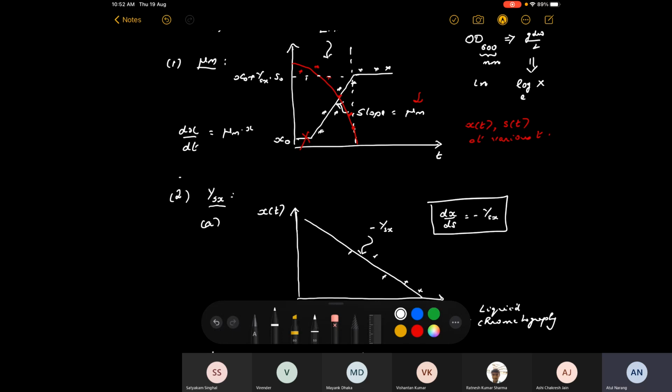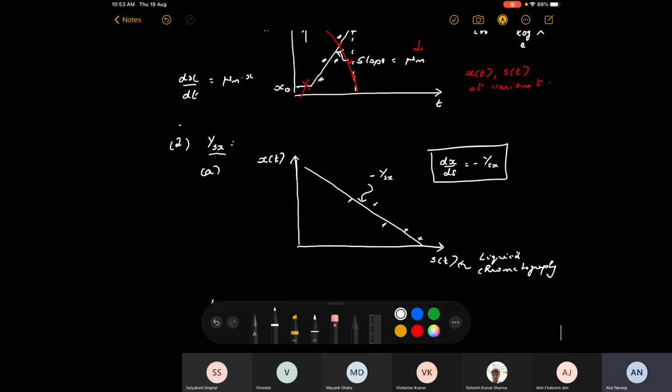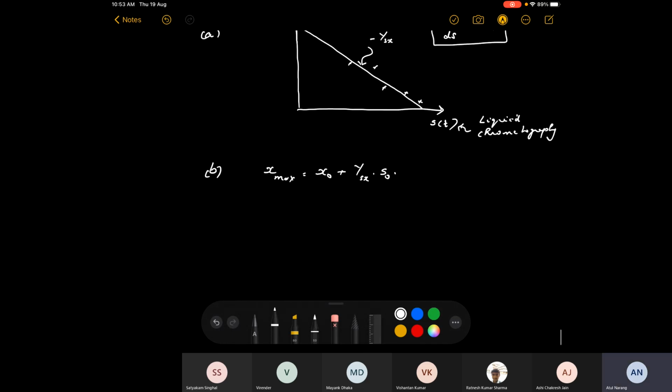It turns out that in most experiments, the second term Y_sx times s0 is like 10 or 15 times the size of x0. Massive growth takes place. Start with a really, really small amount, like 0.02, and go all the way to 1. So that means that x0 is very, very small compared to the actual growth that you accomplish. So this is approximately equal to Y_sx times s0.